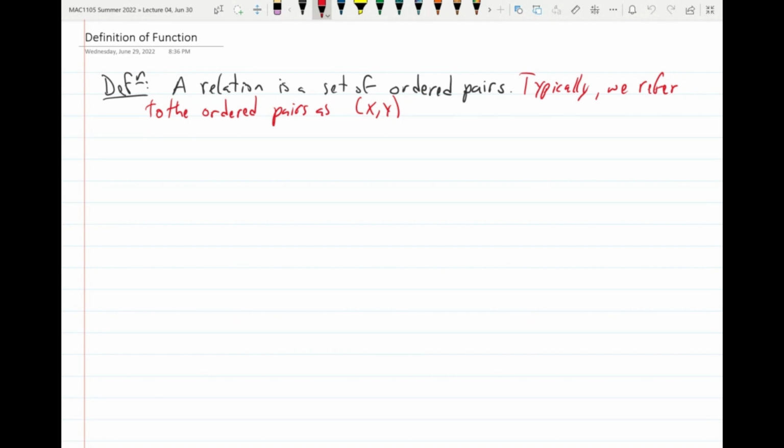So, a relation is a set of ordered pairs. Typically, we refer to these ordered pairs as x comma y.